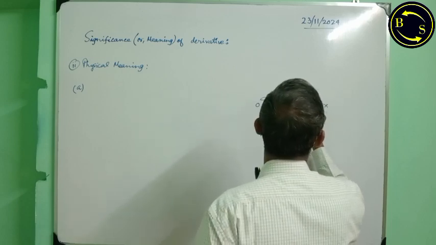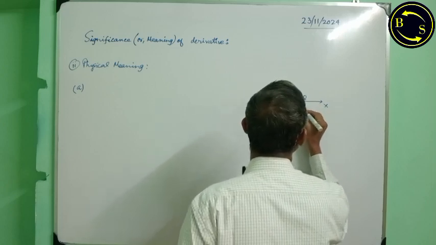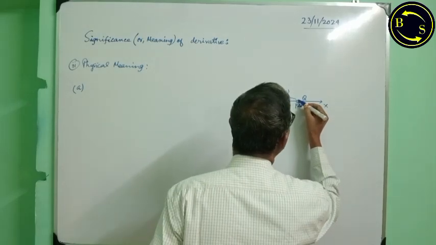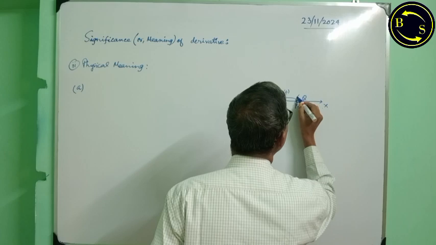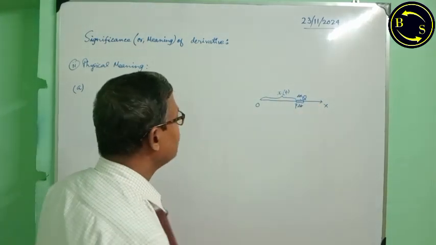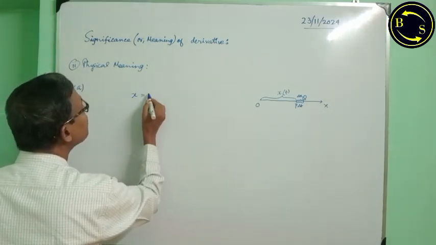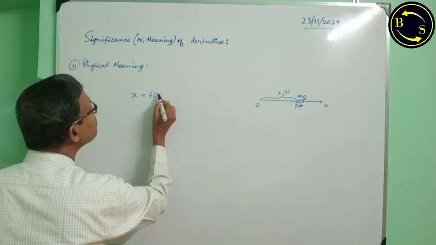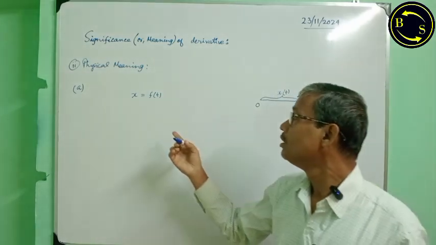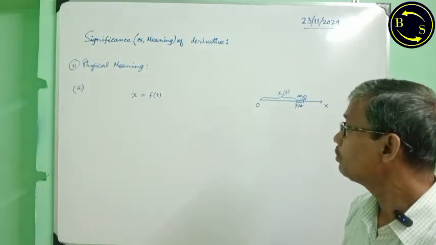Then after a small period delta t, it further covers the distance delta x. Then we can say the distance x is a function of t, as the distance covered by the particle depends on time t. Therefore we can say x equal to f(t).